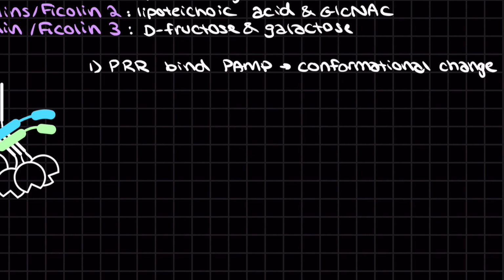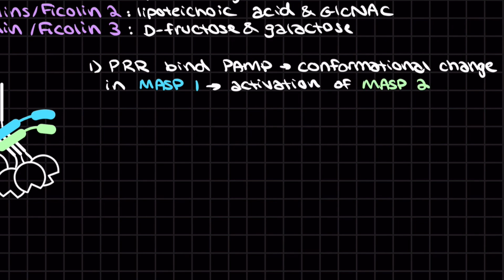Which is just a fancy way of saying shape change in MASP1, our blue protein. And this is going to, in and of itself, lead to the activation of MASP2.